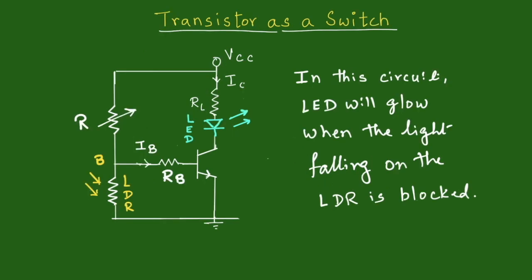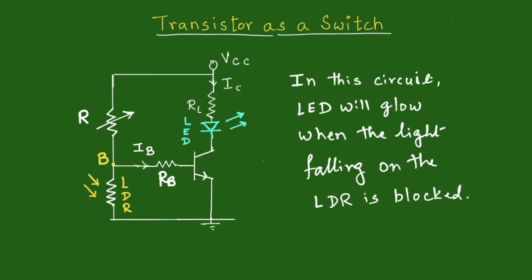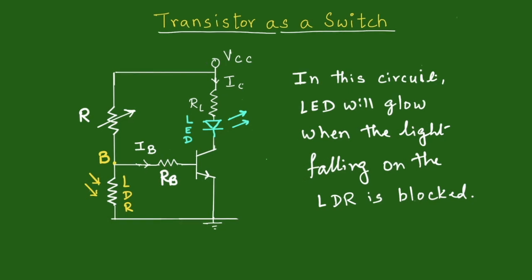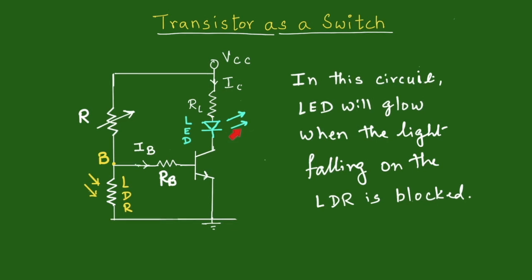Here is a circuit where the positions of the LDR and potentiometer are interchanged. In this circuit, the LED will glow when light falling on the LDR is blocked. By selecting proper values of the potentiometer resistance R and the base resistance RB, we can make sure that the LED glows when there is no light falling on the LDR, whereas the LED will be turned off when there is enough light falling on the LDR.